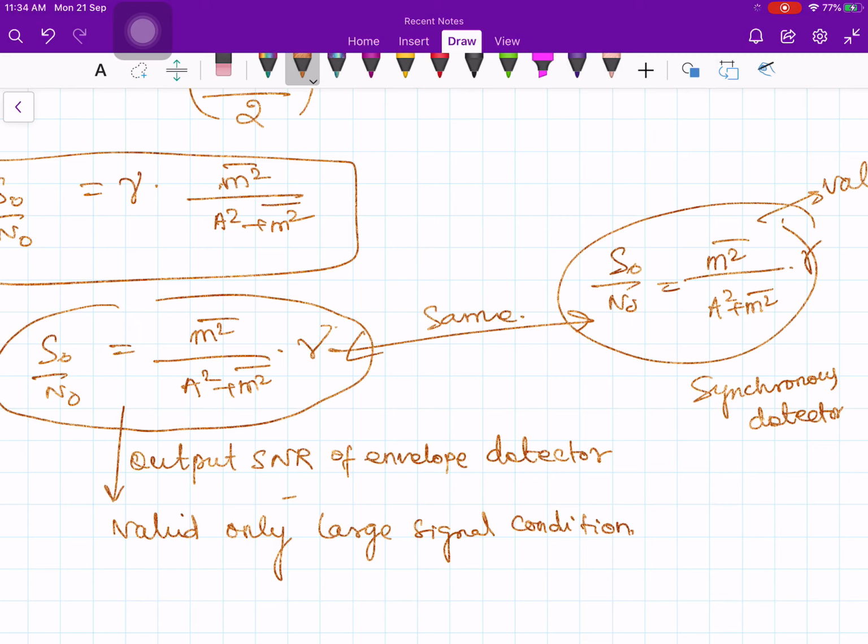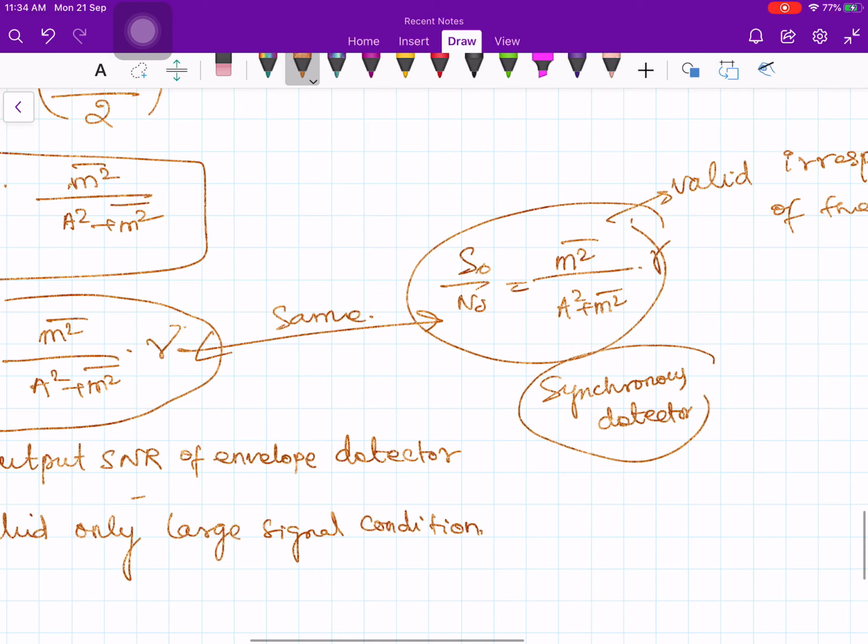In the envelope detector we assumed this large signal condition: the strength of the signal is much larger than the strength of the noise. But in the synchronous detector, it doesn't matter whether the signal strength is low or the noise strength is high. Whatever it is, it gives this kind of performance. Therefore, your synchronous demodulator is much better than your envelope detector.